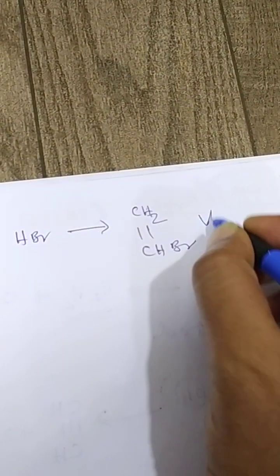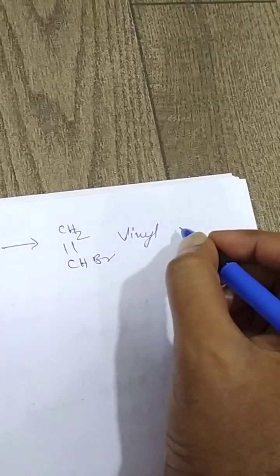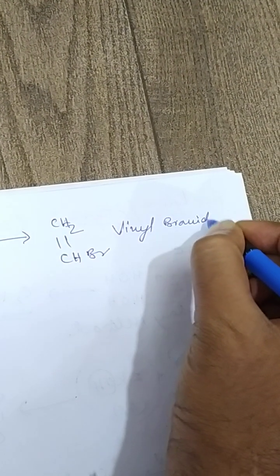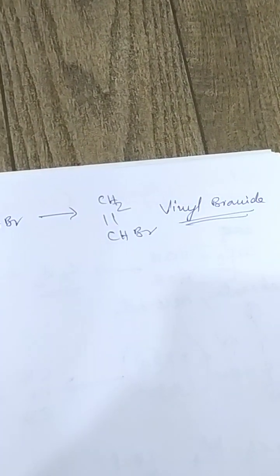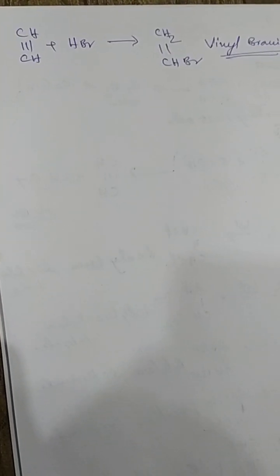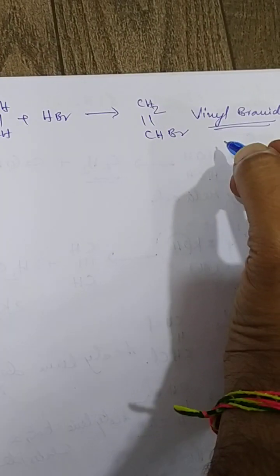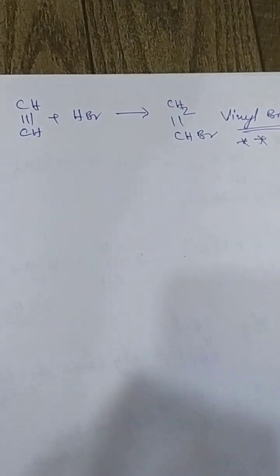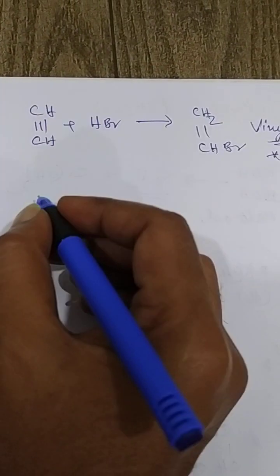The name is vinyl bromide. This is an important reaction. Sometimes it comes in exams also: how vinyl bromide can be prepared. It is prepared by a reaction between ethylene and hydrogen bromide, which gives vinyl bromide. It is an important reaction, and it has a chain reaction.